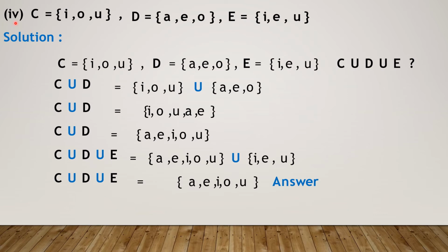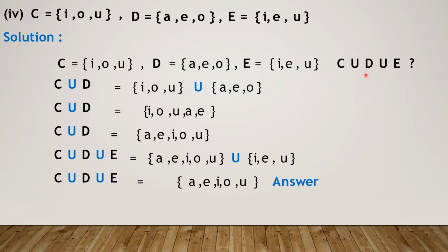See part number 4. Here in this part, 3 sets are given to us. The first set is C, second set is D, and third set is E. And the question is same, find union of all the sets. Students, here first of all we will rewrite all of 3 sets.